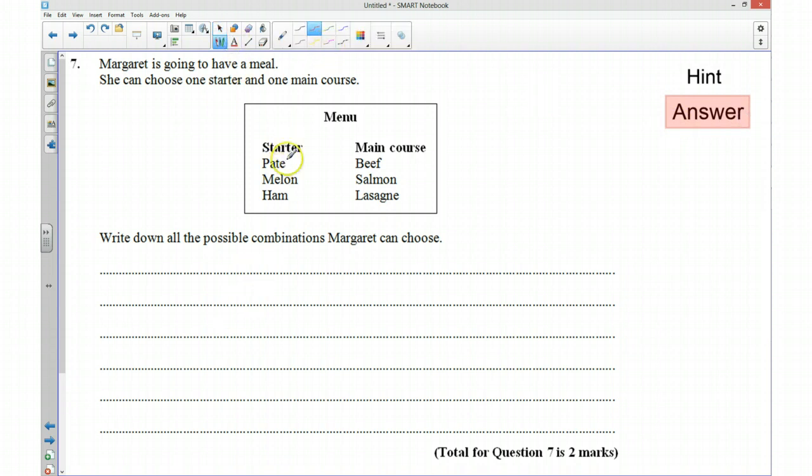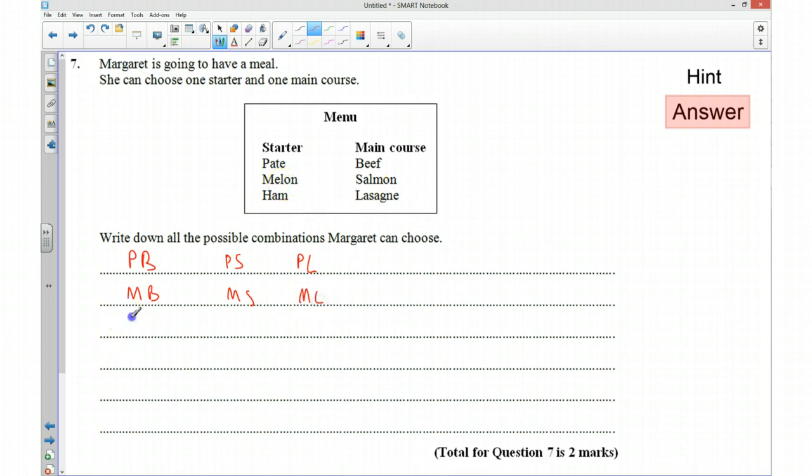Okay, well done if you managed to have a go at that. I'm now going to have a go at this myself. So for starters, we could have had the pate with the beef, the pate with the salmon, and the pate with the lasagna. Or we could have had the melon with the beef, and as you can see I'm being systematic here, the melon and the salmon, and the melon and the lasagna.